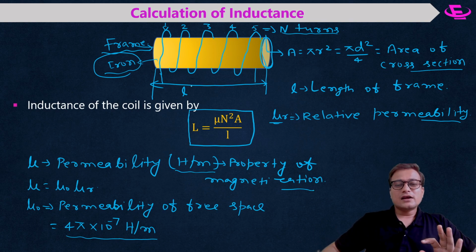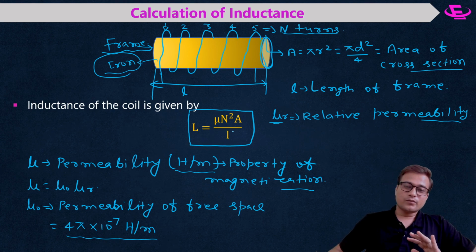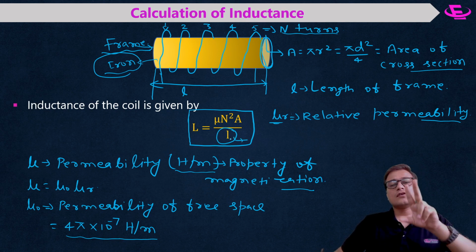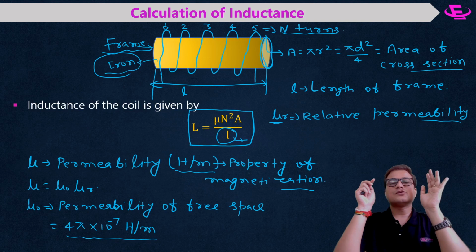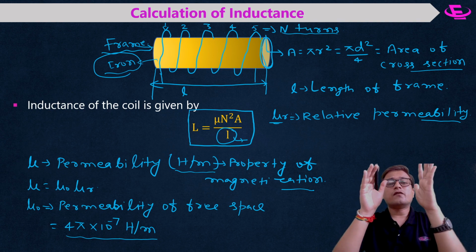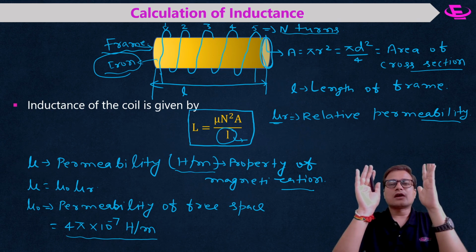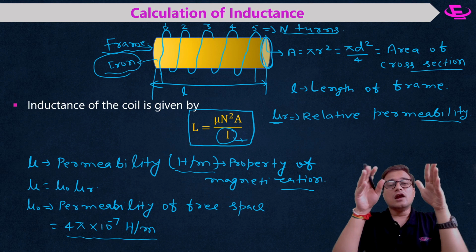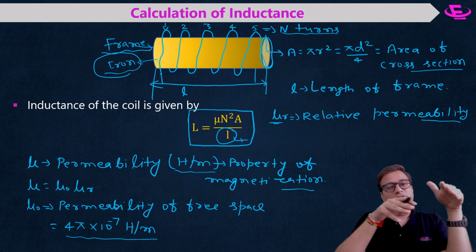Now, what you people are confusing: if they give you a numerical question, it will simply say the length. They are giving you two types of length. Suppose they give you that the wire is 10 meter long. Here the length of wire is not important for calculation of inductance. Length of wire was important for resistance.